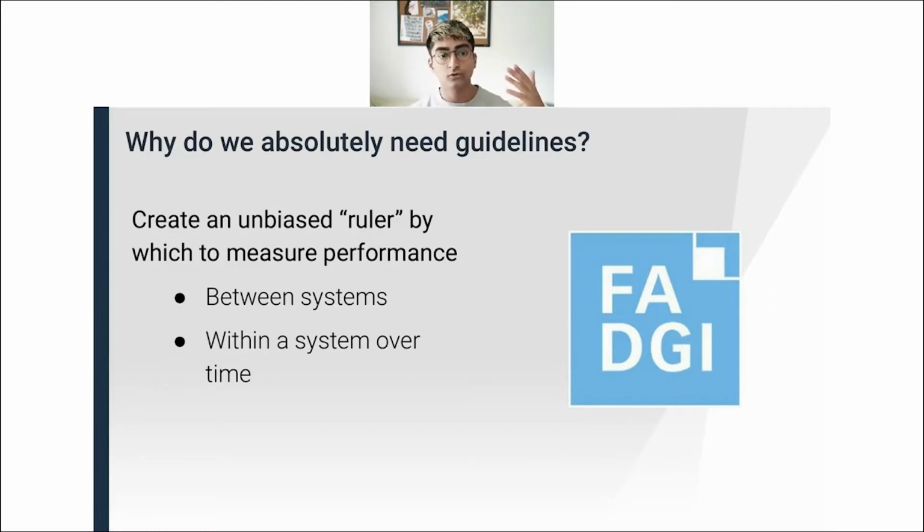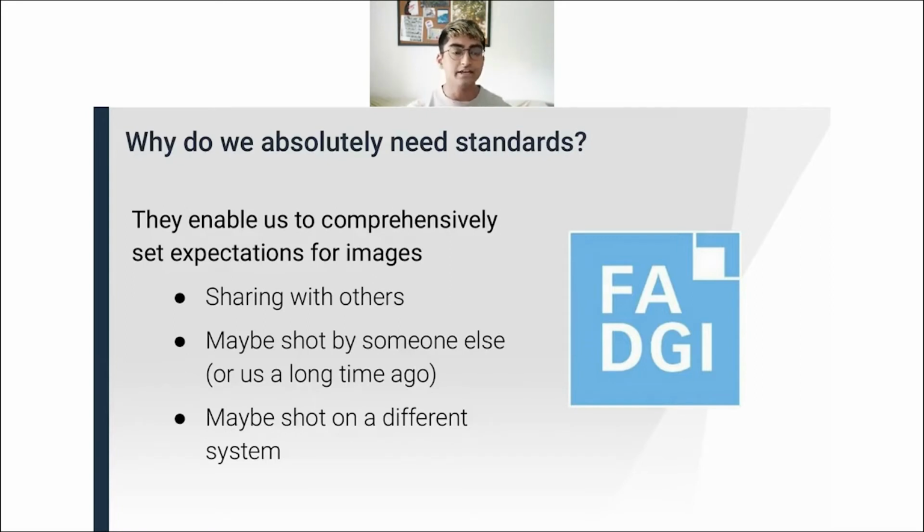So creating that ruler, that standardized system, is one of the most important things these guidelines, whether FADGI, Metamorfoze, ISO, or something else, are there for. Another thing is it enables us to comprehensively set expectations for images. If I send you an image and say, this is the best image I've ever made, you don't really know what that means.